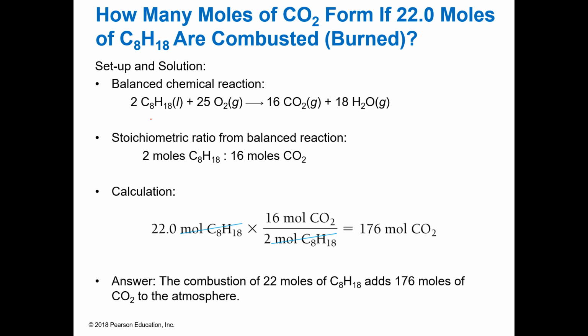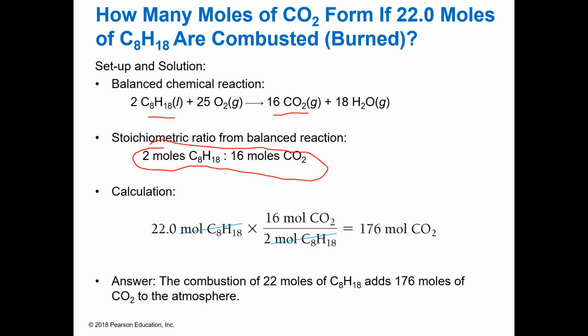Now, let's say I'm given that I have 22 moles of this, and I want to know how much carbon dioxide is formed. Well, I'm going to take those 2 and look at their ratio. It's 2 moles to 16 moles.